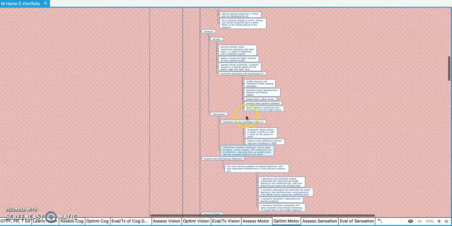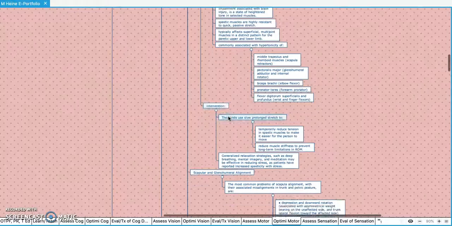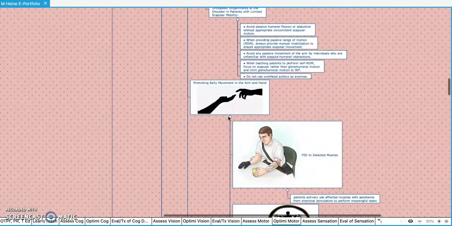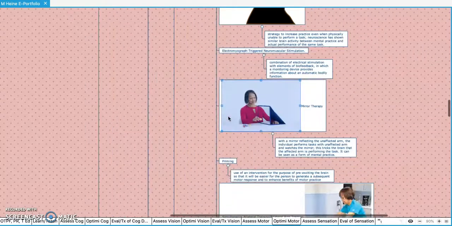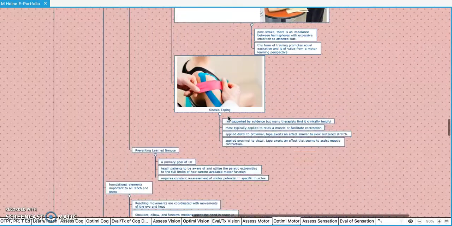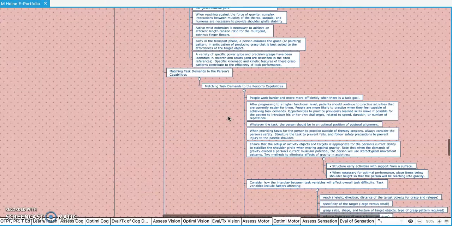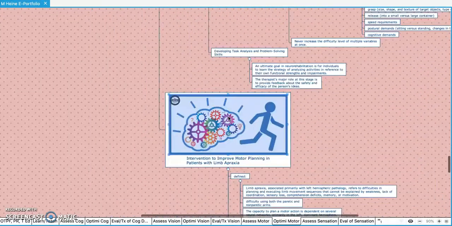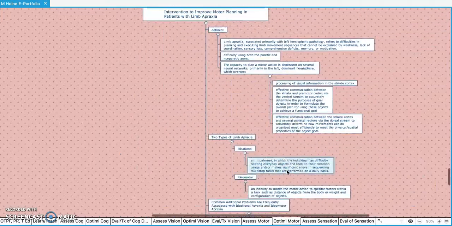And then we've got different interventions, and then how we work with them, different modalities and interventions we can use. All very important stuff. I think this has really sufficient detail and some good photos.